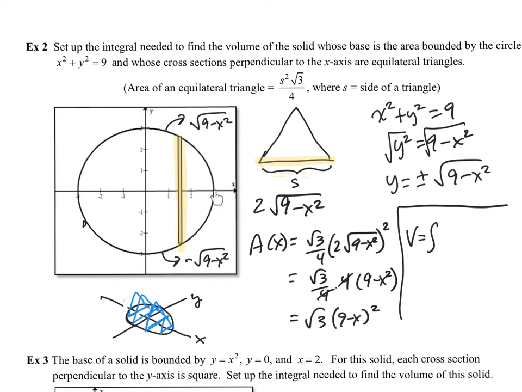We could find that easily by putting a 0 in for y to find out what our x values would be. Well, if y were 0, x squared is 9, so x is plus or minus 3. So our bounds go from -3 to 3 of A of x, which is the square root of 3 times 9 minus x, the whole thing. Oops, I made a mistake, didn't I?